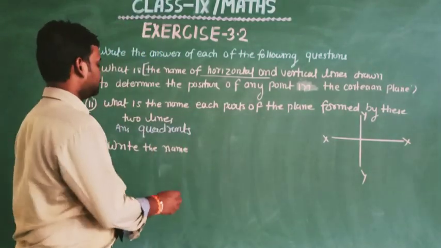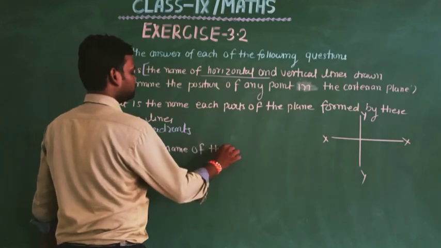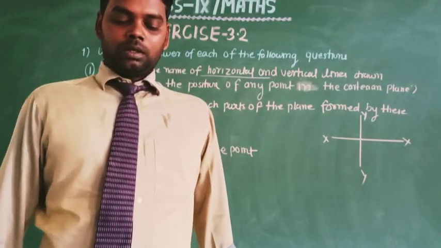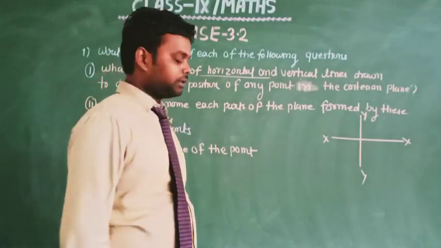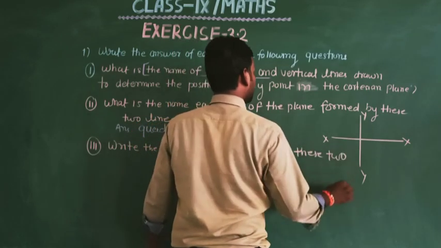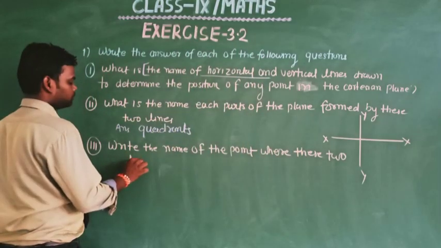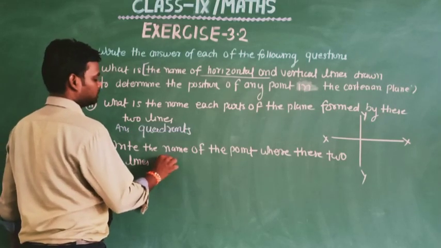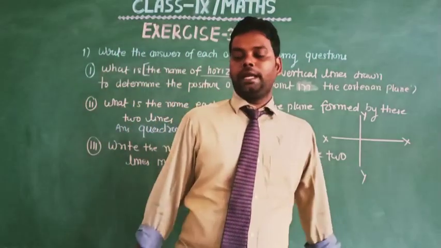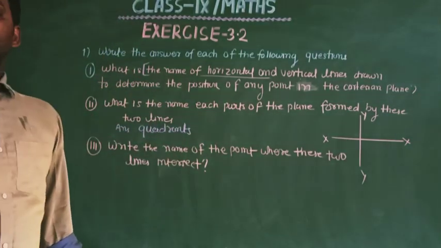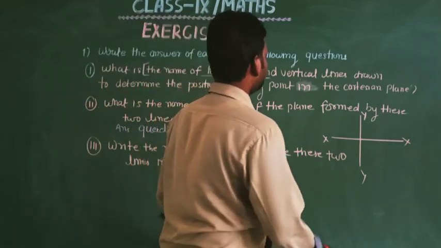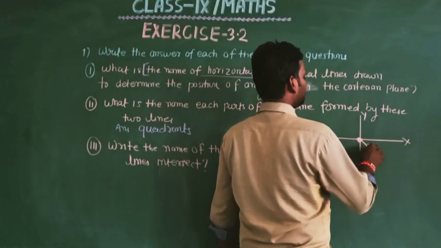The name of the point where these two lines intersect is called the origin.